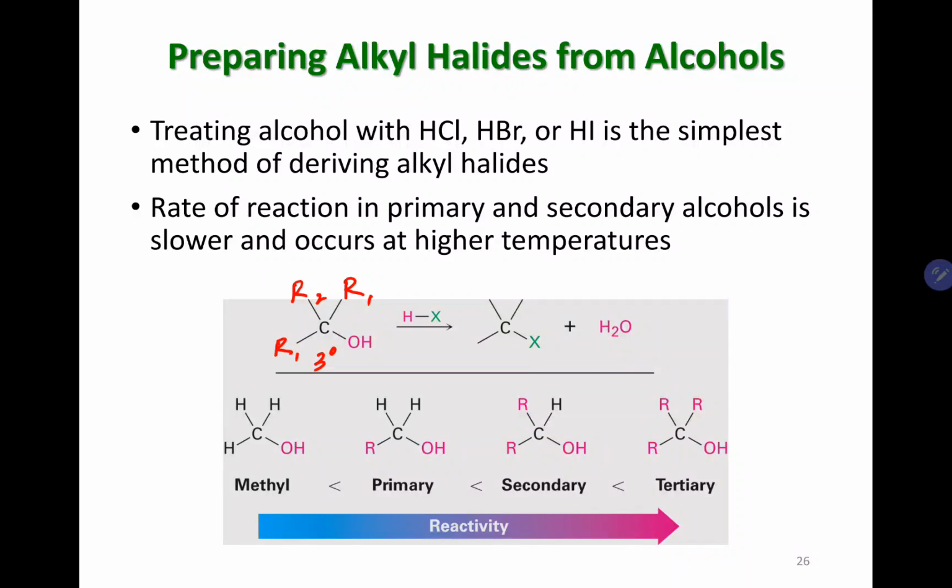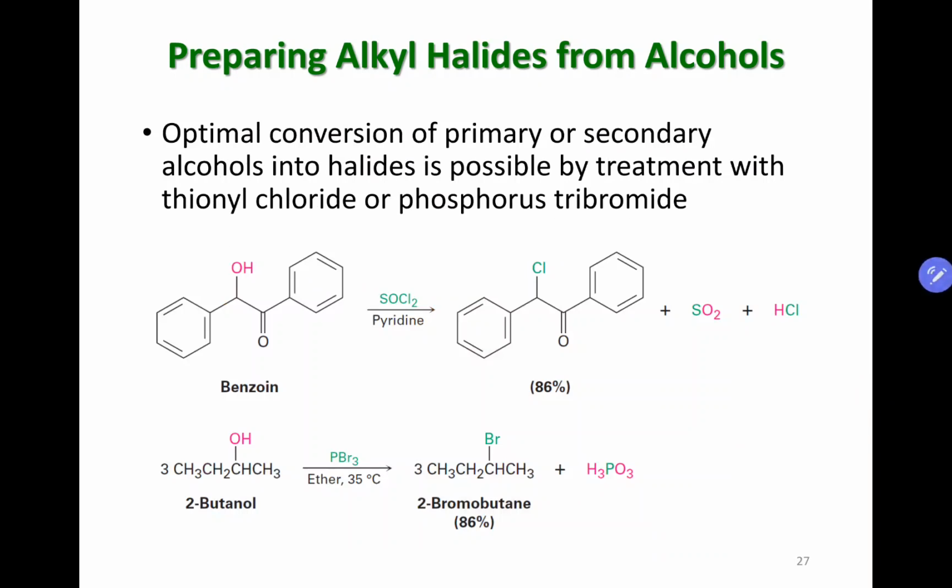All these R groups are going to be hydrocarbon groups, okay? So what if we have a secondary alcohol or a primary alcohol, right? This particular reaction is mostly suitable for tertiary alcohols.